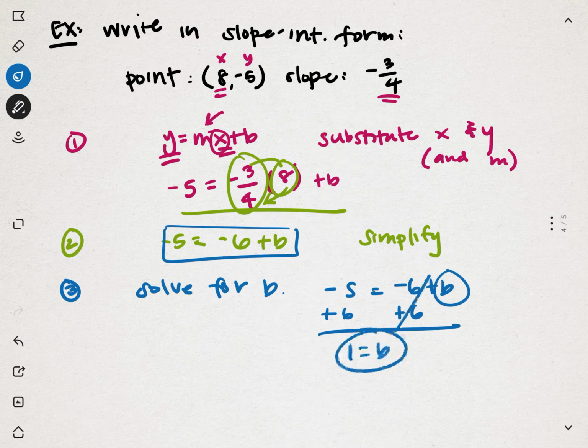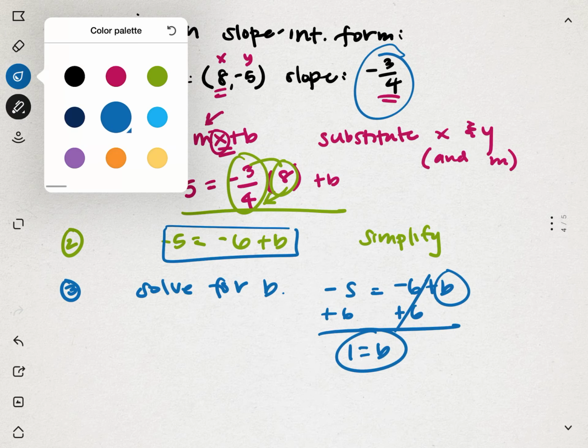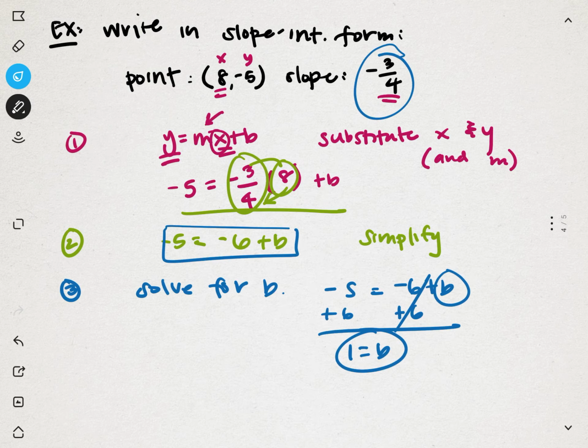Alright, so now that we know what our b is, and they already told us what our slope is, now we can go ahead and write it in slope-intercept form. So y equals, our slope was given to us, -3/4 x. And then we just found our y-intercept, which is +1.